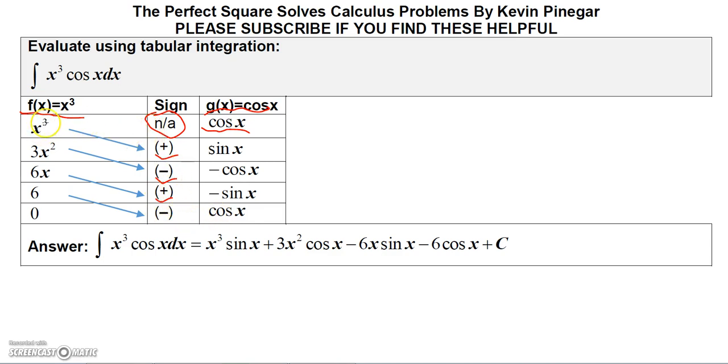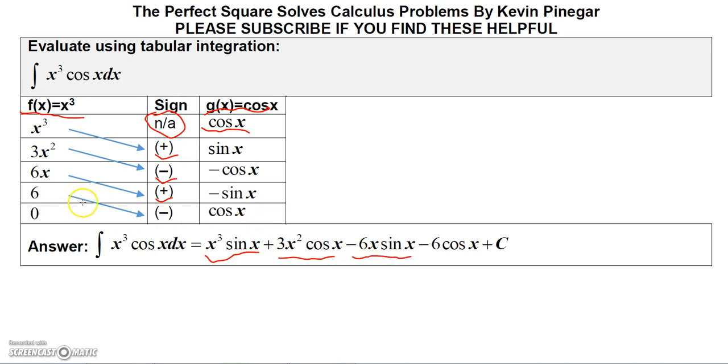So now, remember, we stagger this, so we take x cubed times the sine x, and that'll give me the first term. And then we take the 3x squared times minus negative cosine x, so that would be plus 3x squared times cosine x. And then we're going to take 6x times plus times a minus, so it's going to be 6x times minus sine x, so that's going to give me minus 6x times sine x.